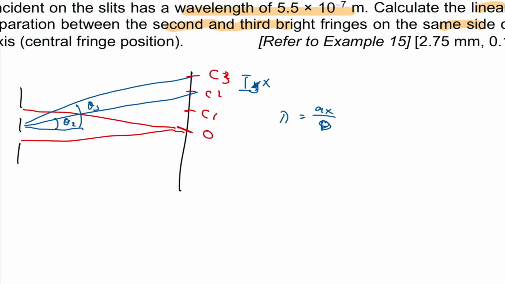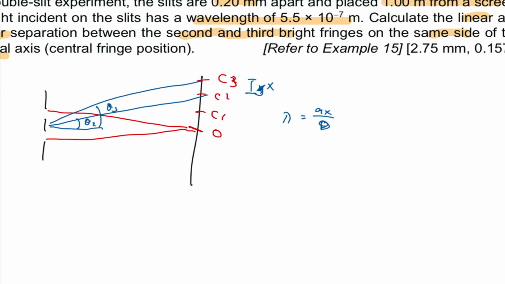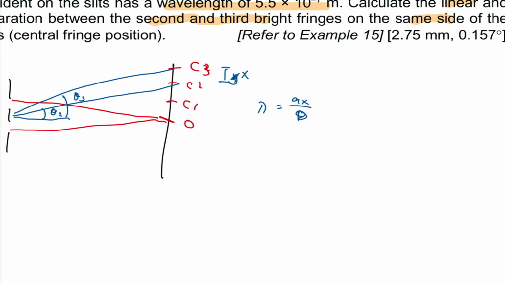We're supposed to find x. Lambda is the wavelength, a is the distance between the slits, x is the fringe separation, and d is the distance between the slits and the screen. So we just need to make direct substitution.